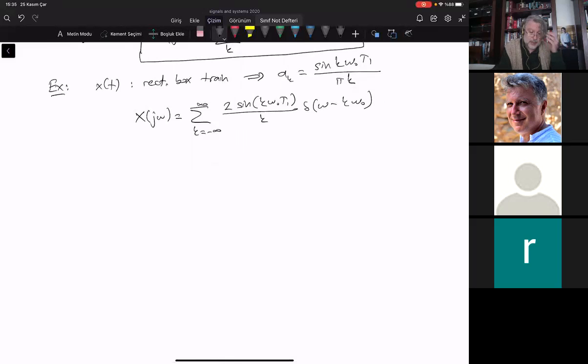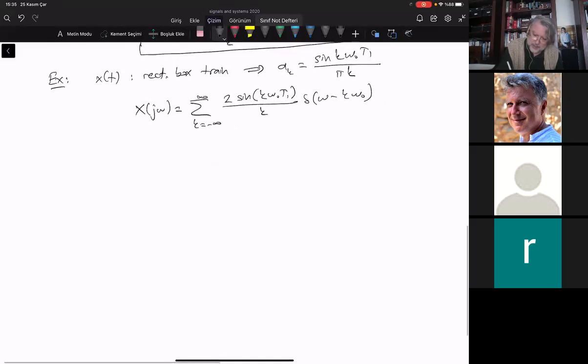Now, what do they look like for some certain choices of T and T1? For example, it's a sub-example of this. Let's say that capital T, the period, is 4 times T1. So it's a half-duty cycle positive, and half-duty cycle 0 pulse train. 1 and 0 and 1 and 0.